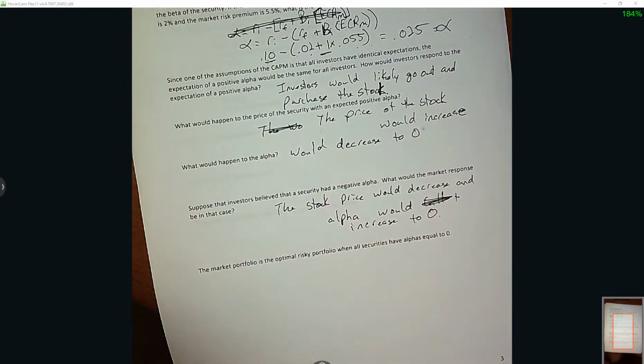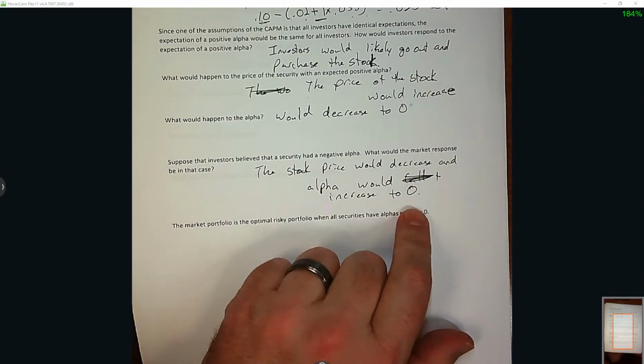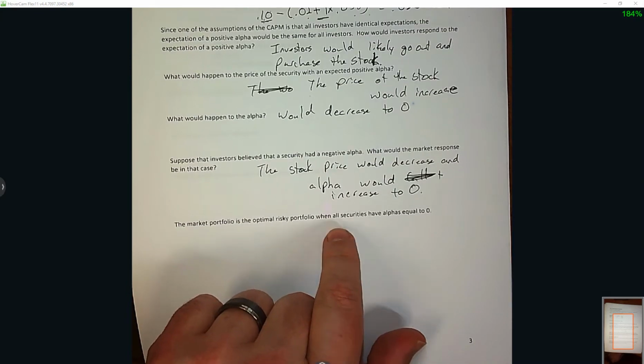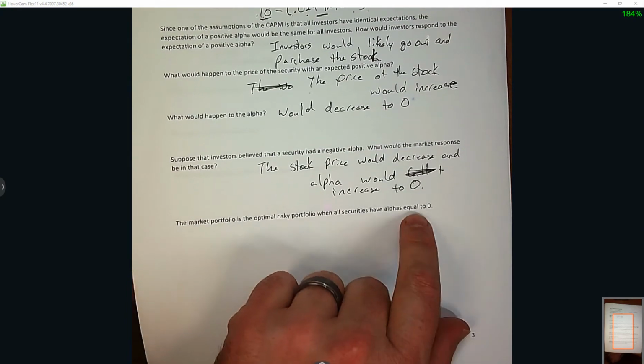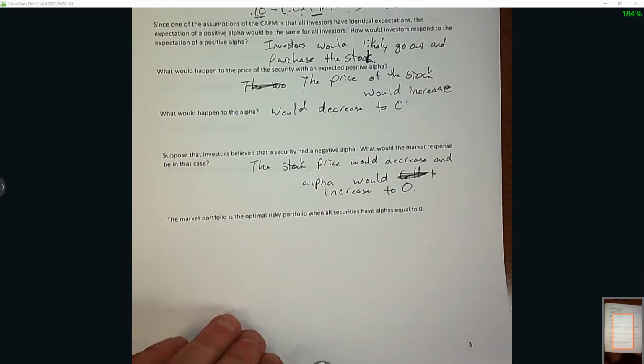So in an efficient market, in a completely transparent market where we all have the same expectations, the alphas of every security should be equal to zero, because prices are moving to reflect changes in expectations for the firm.